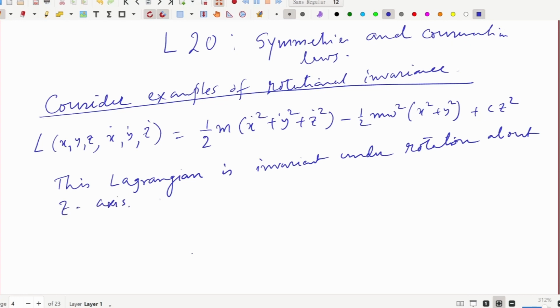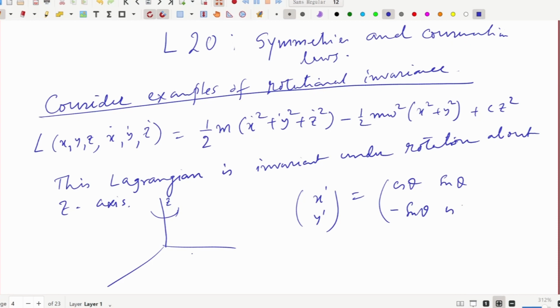So, let us consider a rotation about the z axis. We know that if you have a rotation about the z axis, then the x, y coordinates change. For a rotation by angle theta, you can write the matrix cos theta, sin theta, minus sin theta, cos theta.